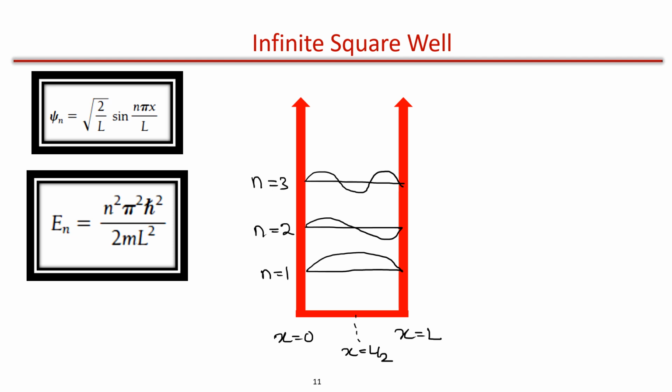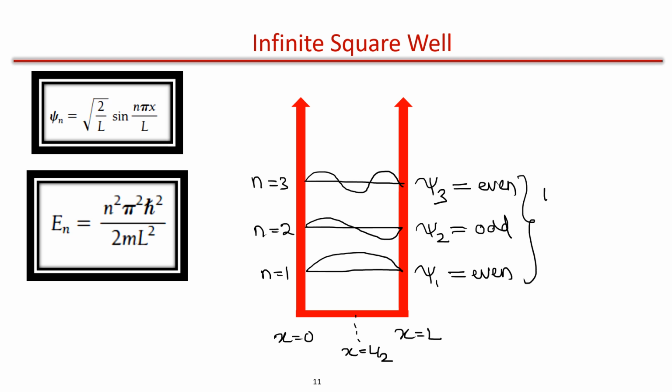This is psi 1, psi 2 and psi 3. Please note that psi 1 is even, psi 2 is odd, and psi 3 is even with respect to the center of the well.